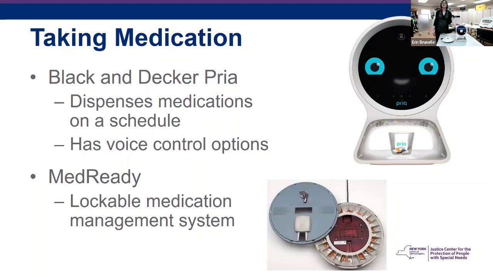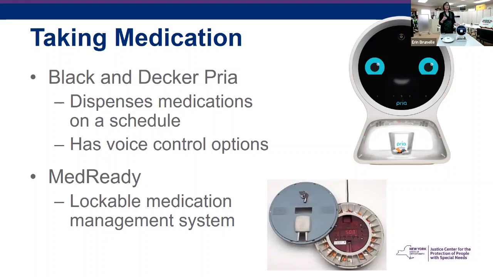So the pills dispense into that. I believe the alarm will go off intermittently for an hour to let the person know that their med is ready to be dispensed. If that hour passes and the individual has not retrieved their med, it just logs it into the system as a missed dose.